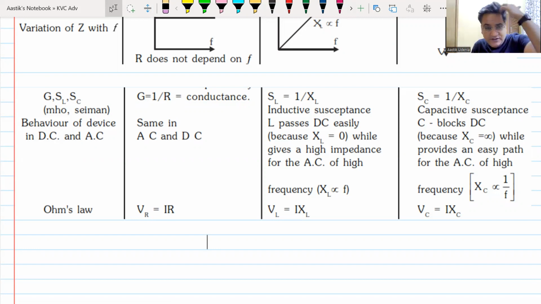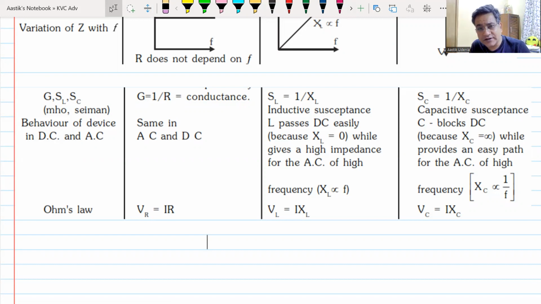A simple circuit simply consists of a pure resistor or a pure capacitor or a pure inductor connected to an AC source. In case of pure resistor, the phase angle between current and voltage is 0. Current and voltage across the resistor are in the same phase.